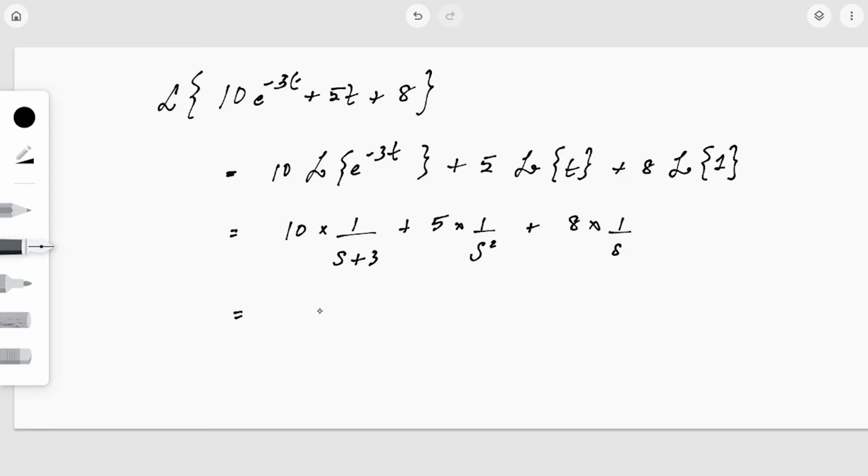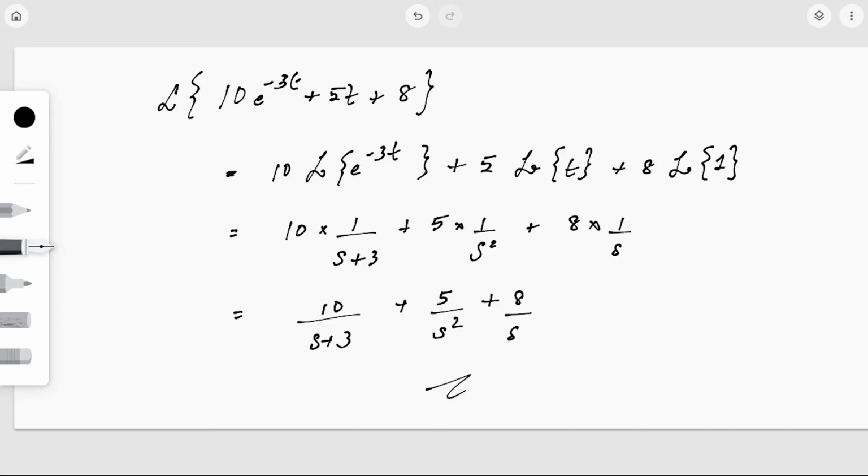So this is 10 by s plus 3 plus 5 by s square plus 8 by s. So if you want, you can simplify it further, or you can leave it as it is. So this is how we use the linearity concept of our Laplace transform.